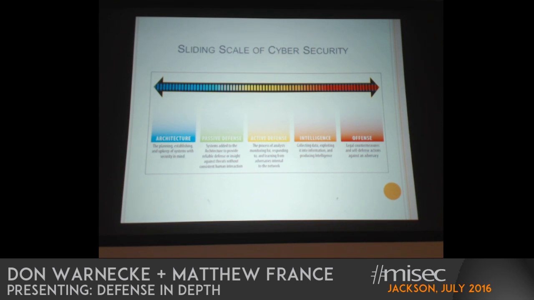So the sliding scale of cybersecurity basically breaks things up into 5 categories: architecture, passive defense, active defense, intelligence, and offense. And the idea is by doing that categorization, you can look to see if there's an area where you are lacking in investment, or you have maybe too much investment.